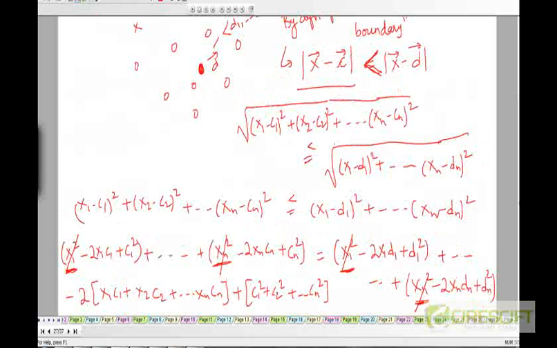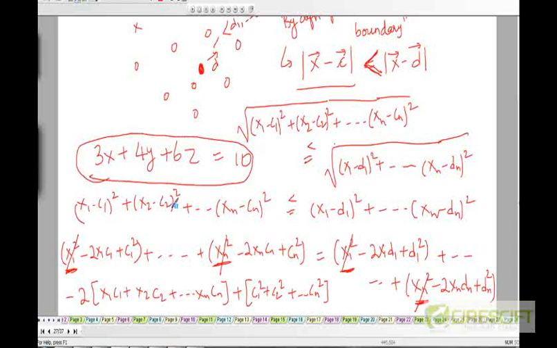Well, it's obviously difficult to visualize a hyperplane in say 10,000 dimensions, but a hyperplane is just an extrapolation of a plane to higher dimensions. So what would be the next higher dimension? An equation of the form 3x plus 4y plus 6z is equal to 10 would be a hyperplane in 3 dimensions.